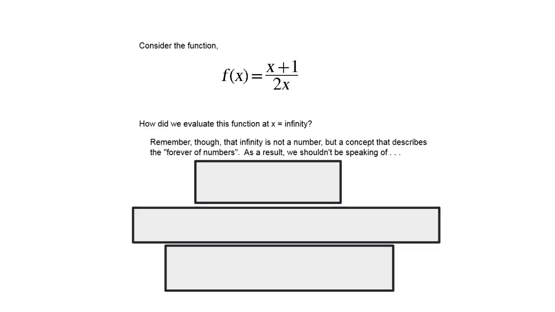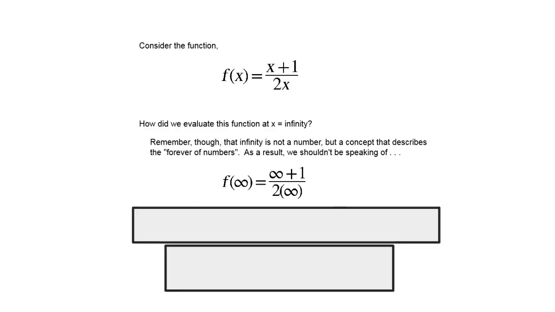As a result, we shouldn't be speaking of f of infinity equals infinity times 1 over 2 times infinity. It's not a number, so I can't get a number from this.